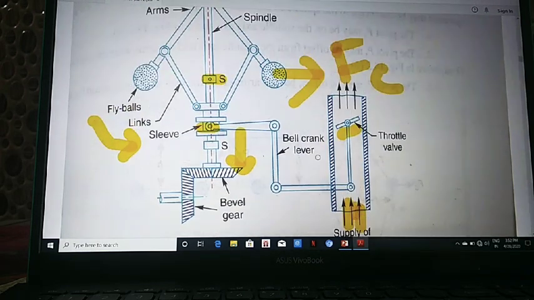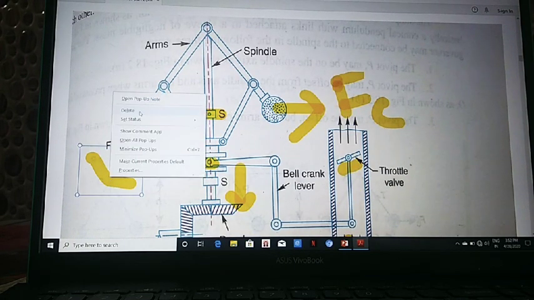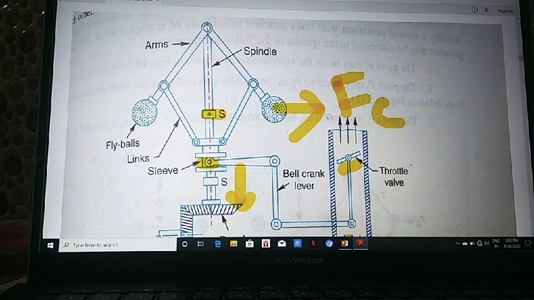And again, in the vice versa condition, what will happen? When the load decreases, the speed will automatically increase, and the angular velocity will rise, and it will increase the centrifugal force, for which the fly balls will move outward and the sleeve will move upward.